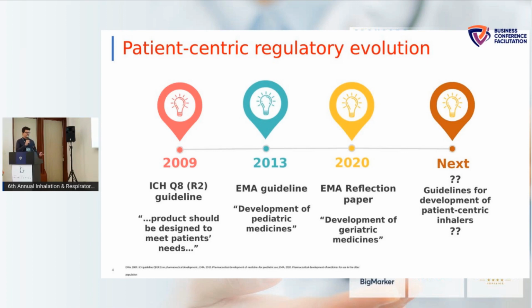And so there was also a reflection to try and support the pharmaceutical industry so that they can also put focus whenever developing drug products that will be specifically administered by older populations. Going forward, hopefully we'll also have some guidelines for development of patient-centric inhalers for pulmonary delivery.